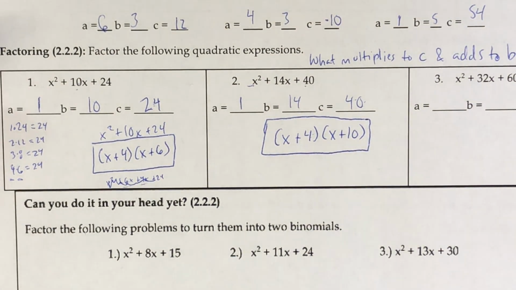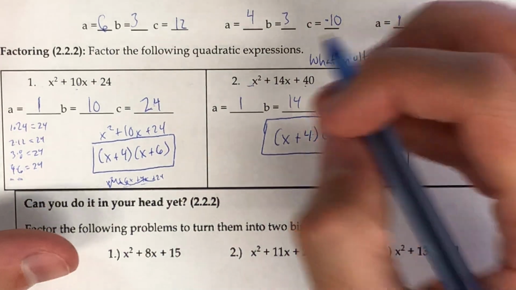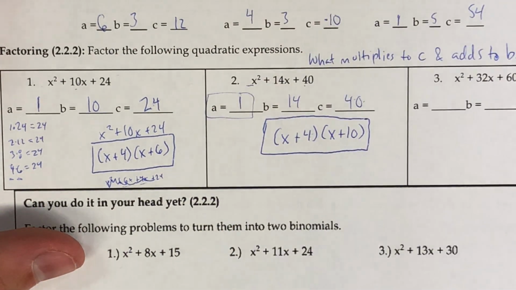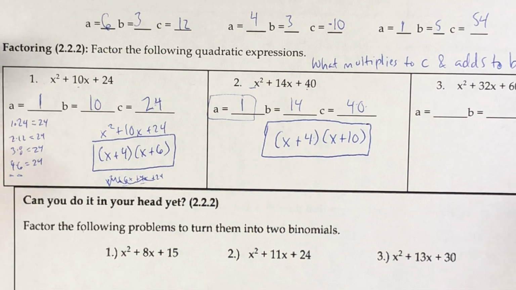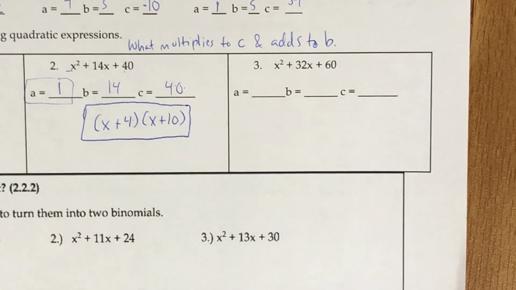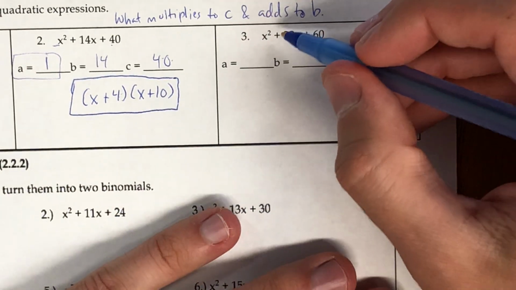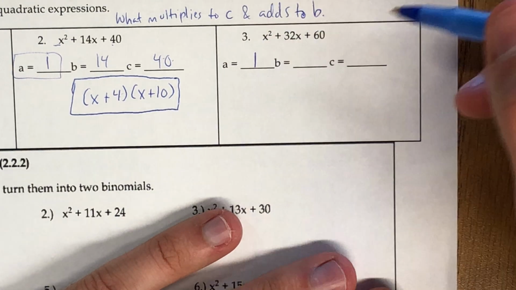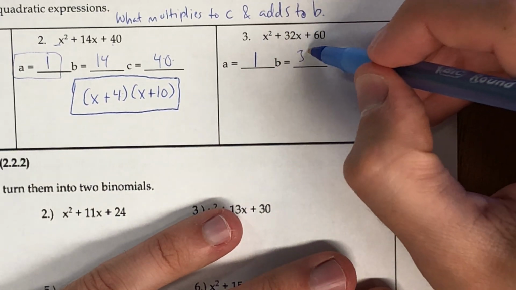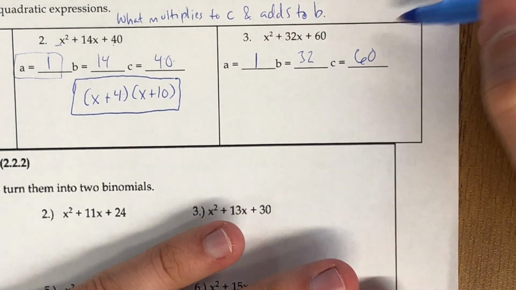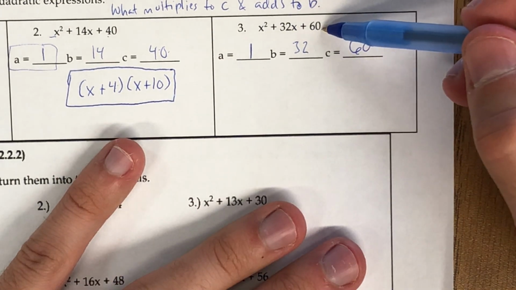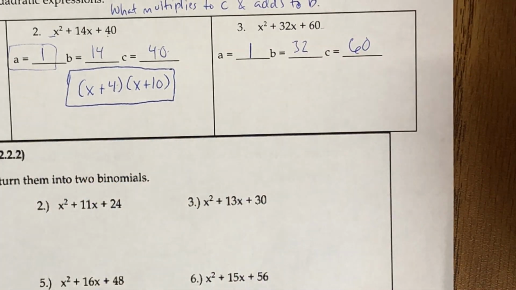Again, I should say this only works when your A value is 1, which is what we'll be doing today. Okay, third one. Again, let's identify A, B, and C. A is 1, so we can do our process here. B is 32, C is 60. So we think: what multiplies to 60 and adds to 32?